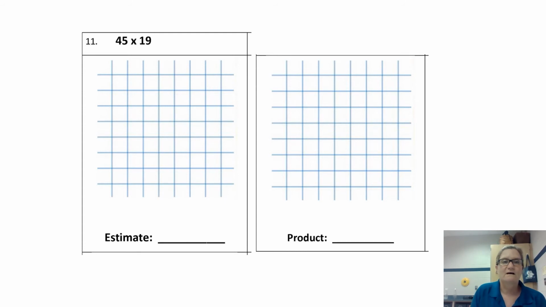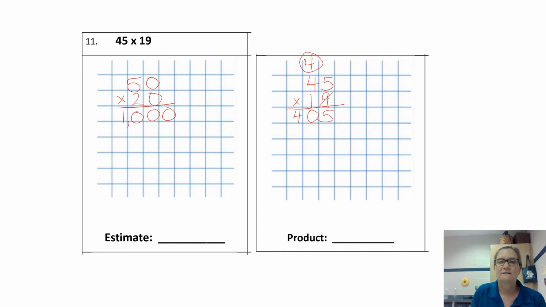45 times 19. I would make this 50 times 20. I'd have 0, 0, and then 2 times 5 is 10. So that would be 1,000. And here we have 45 times 19. 9 times 5 is 45. 9 times 4 is 36, 37, 38, 39, 40.